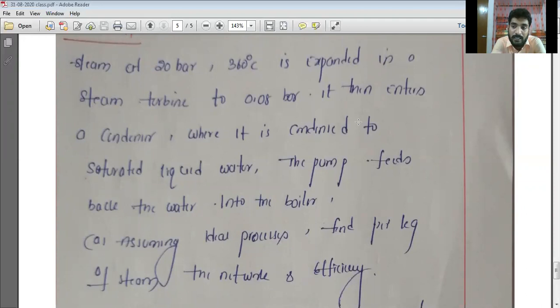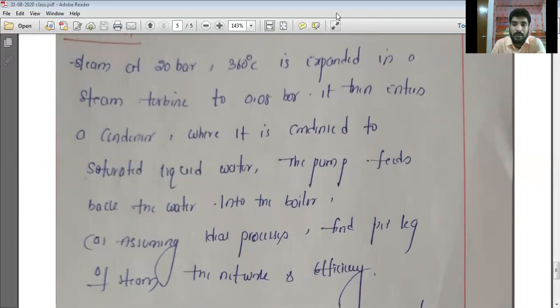Also find the work done of the pump and turbine, and observe the percentage of efficiency reduction compared with the ideal process. These two values are before entering the turbine, and this is after the turbine, that means isentropically expanded. So this 360 is the inlet condition and this is the exit condition.